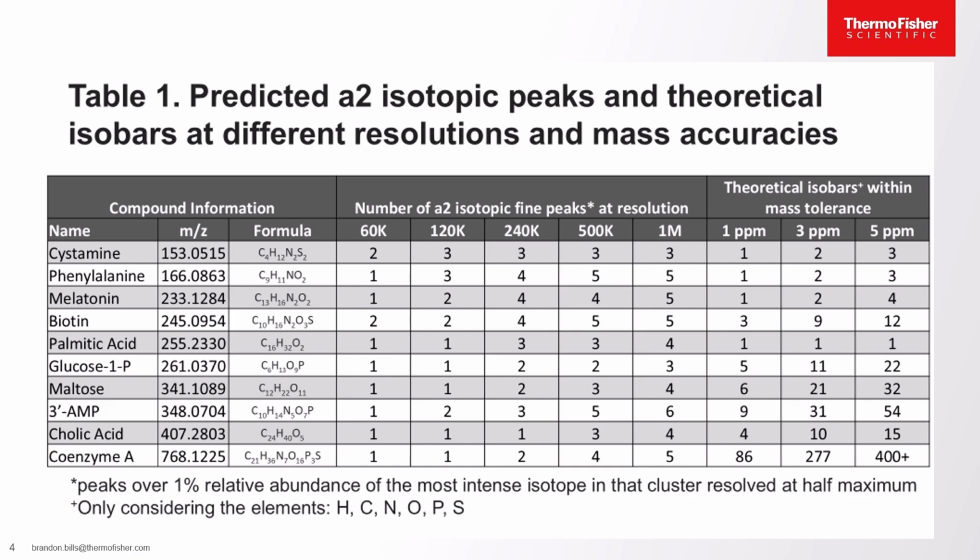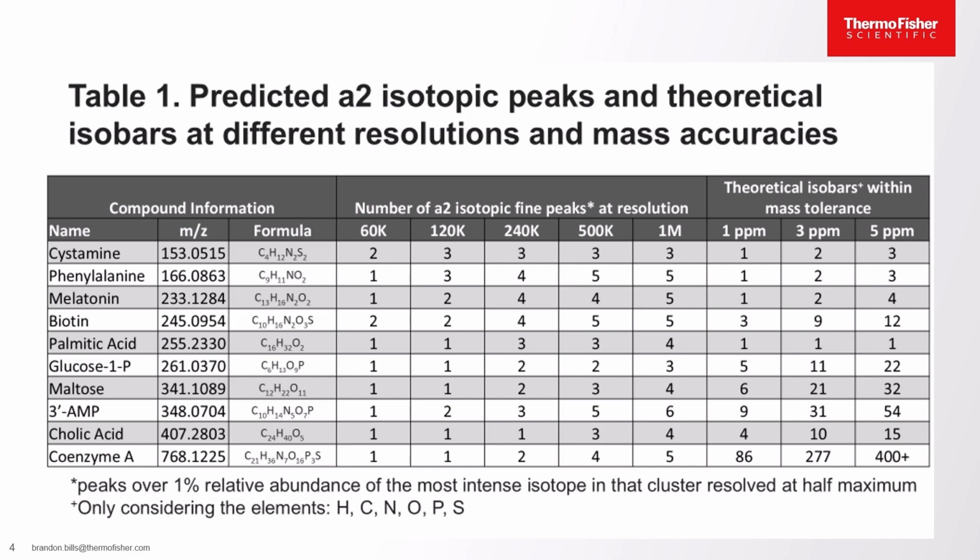When we're at lower m/zs, around 150 with cysteamine and phenylalanine, the number of theoretical isobars within your mass tolerances is fairly low. So at lower m/zs, it's pretty easy to get an accurate elemental formula.